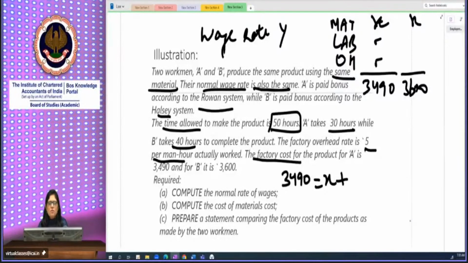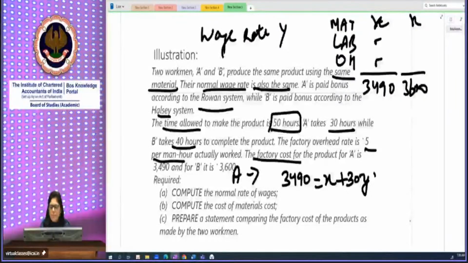Wages will be the normal wage rate we have assumed as Y because it's not given. The normal wages is time taken into wage rate per hour. Time taken for A is 30 hours, so 30Y. Wage rate is not given and 30 hours are given.